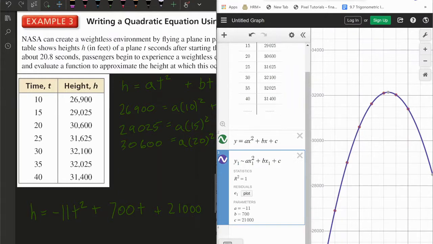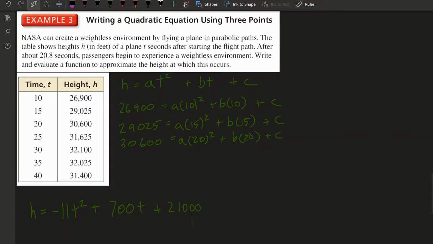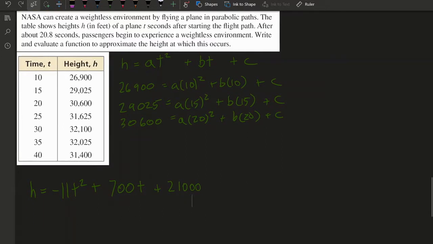And now the next question is, write and evaluate a function to approximate the height at which this occurs. Well, the problem says that after 20.8 seconds, passengers begin to experience a weightless environment. So all I need to do now is plug in 20.8 seconds for time. The height equals negative 11 times 20.8 squared plus 700 times 20.8 plus 21,000.